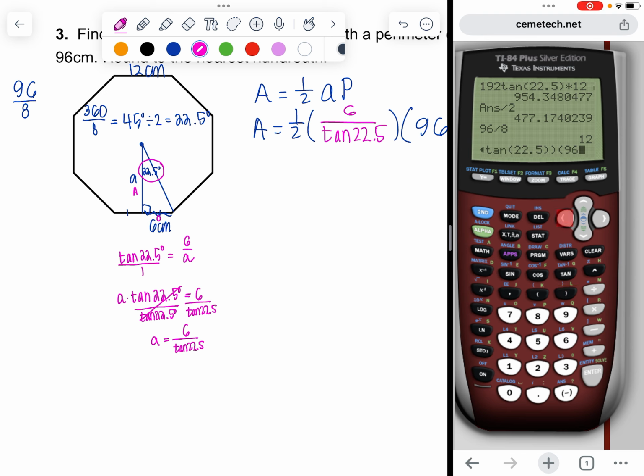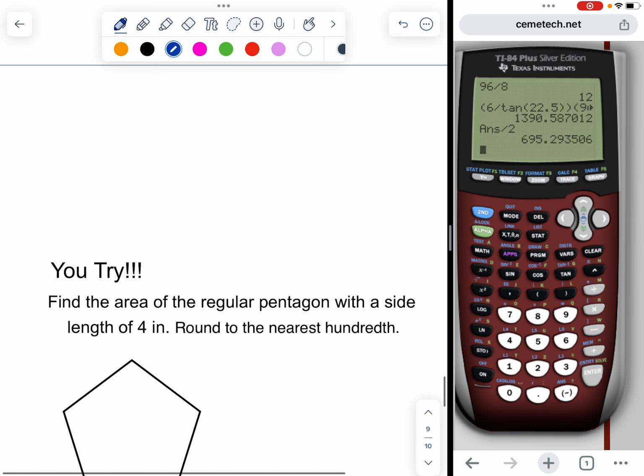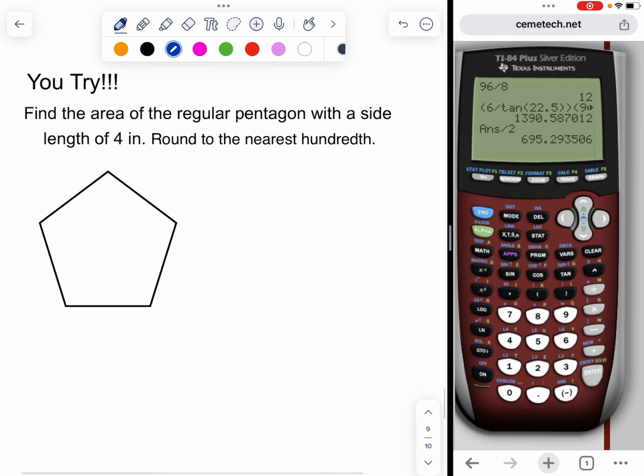Oops, that's not 96. Let's delete that. Hit enter and then divide this by 2. And I get 695.29 centimeters squared.